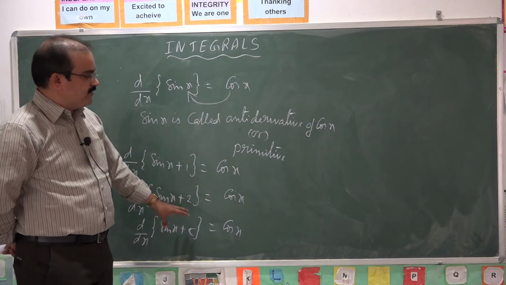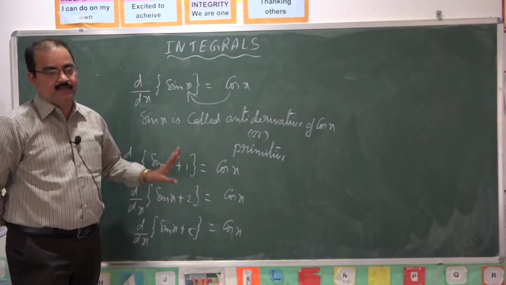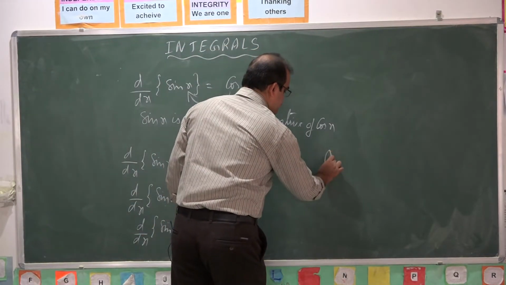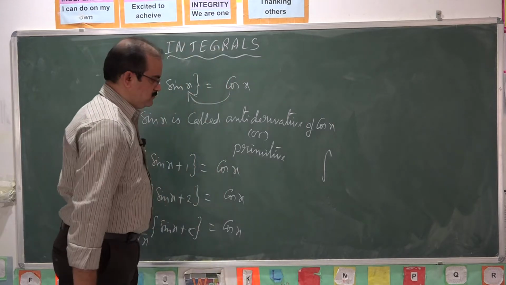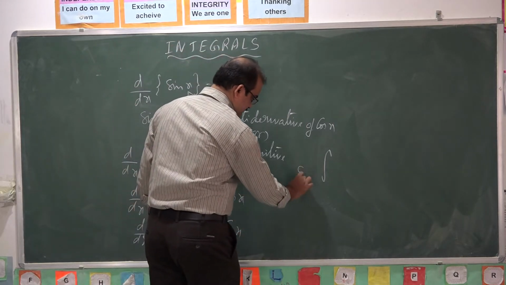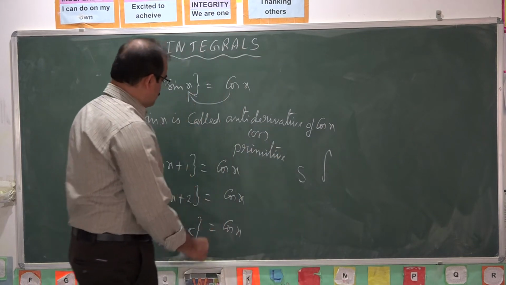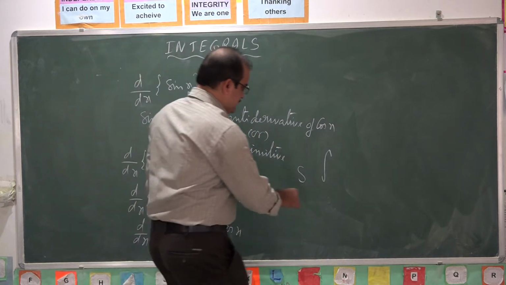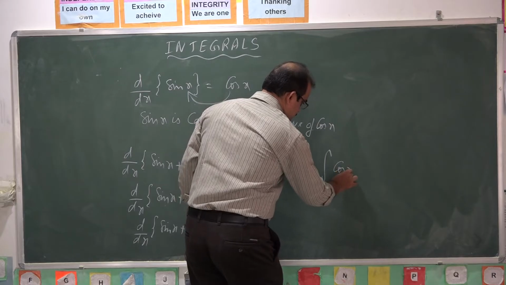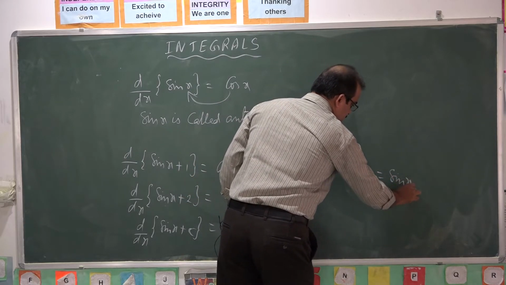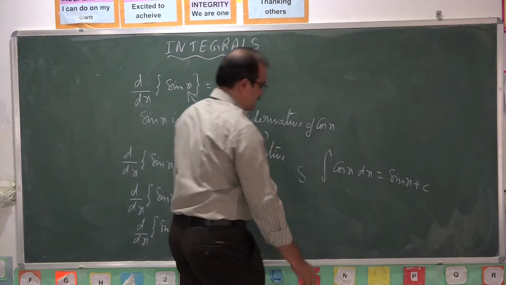This antiderivative is called integral and it is denoted by the symbol: you write simply s and enlarge this, you get this symbol. Now we represent this as integral cos x dx is equal to sin x plus c.